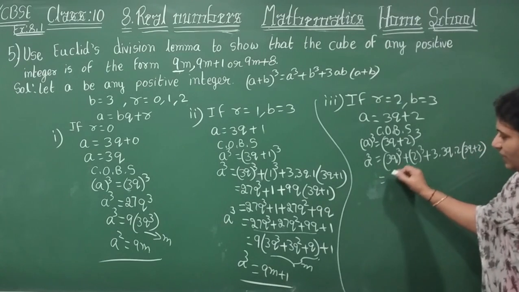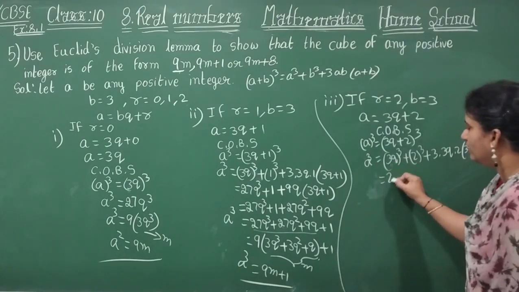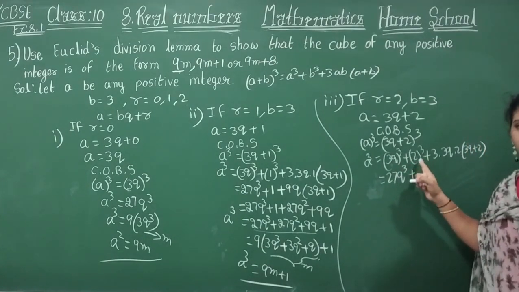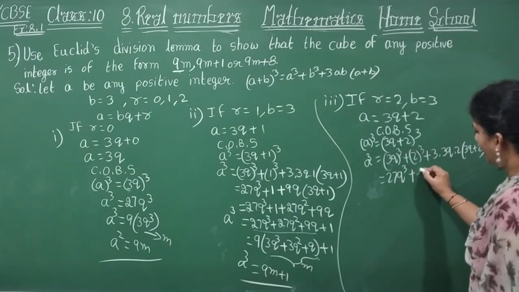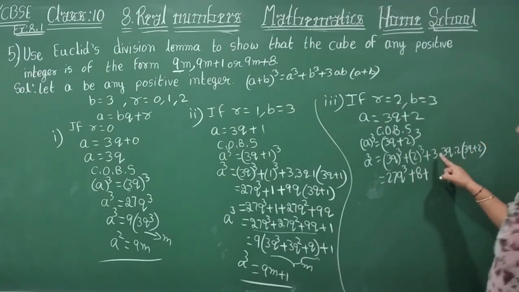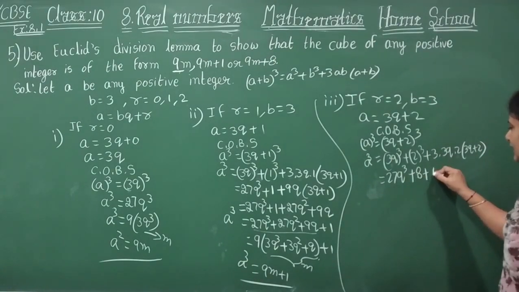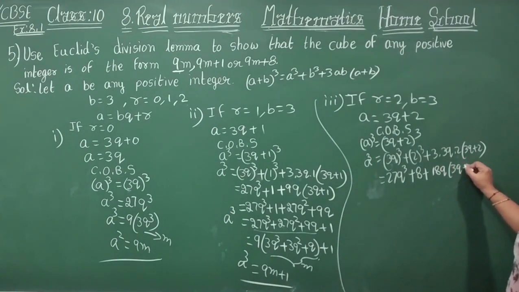Okay, that will be 3 3s are 9, 9 3s are 27, 27q cube plus 3 times multiply, 2 2s are 4, 4 2s are 8, plus 3 3s are 9, 9 2s are 18q into 3q plus 2.